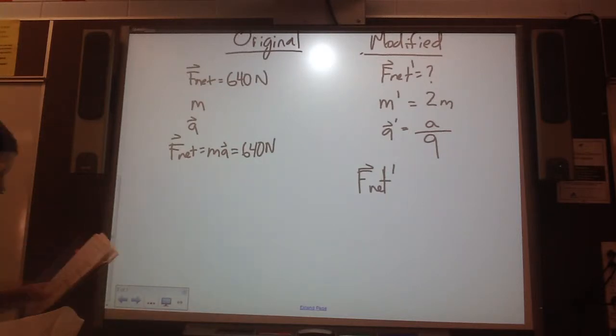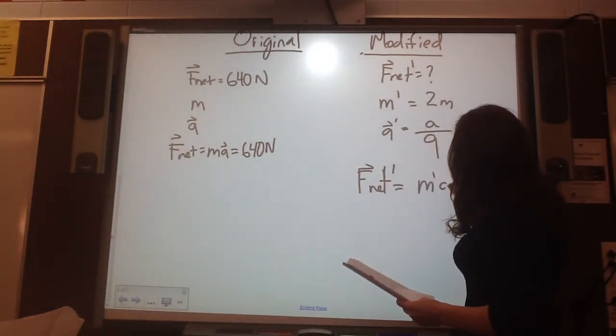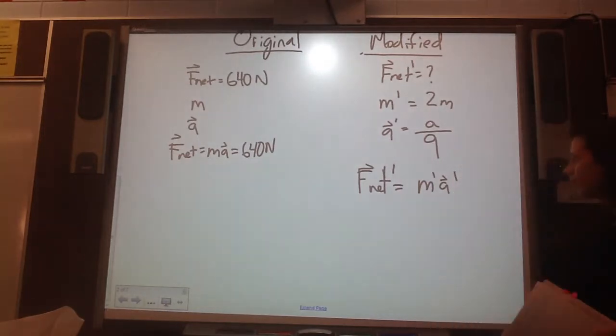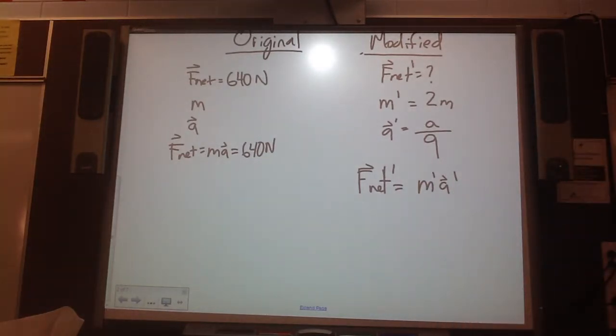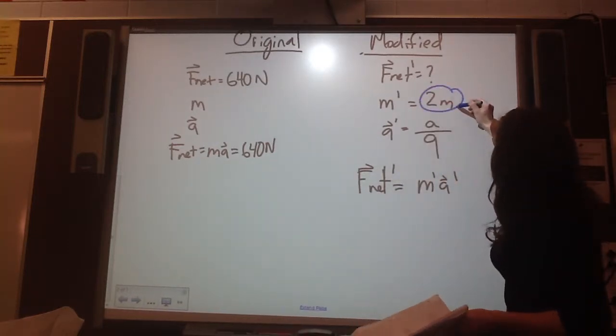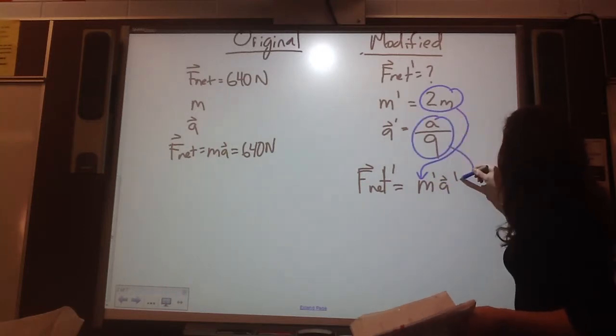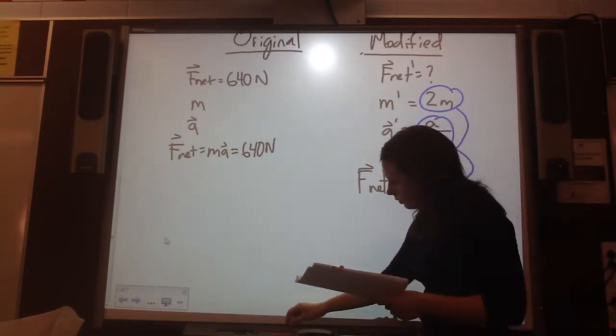Very good. Okay, so F net prime is equal to m prime times a prime. Now I'm going to substitute in this for m prime and this for a prime.